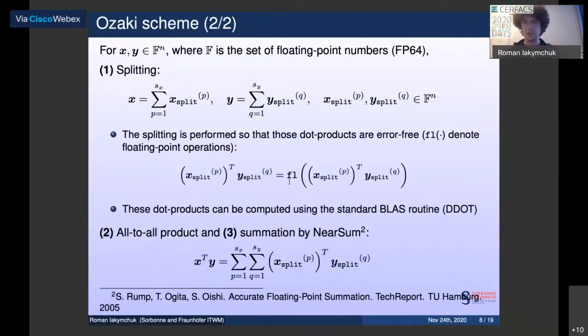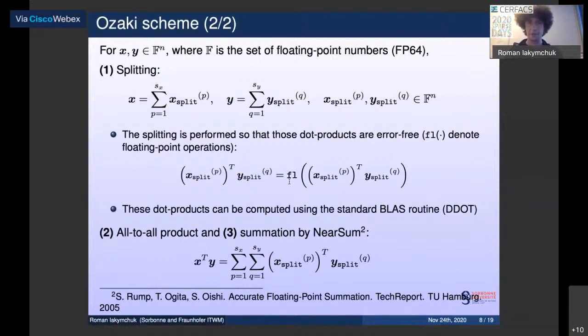We slice numbers in such a way that their multiplication will be error-free. It means that there are enough bits in those slices. They are still double precision, but the number of significant bits is designed in such a way that we will not have underflows or overflows.